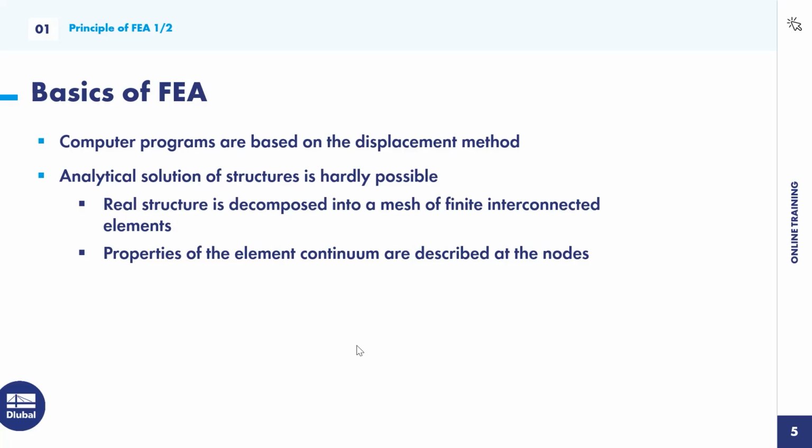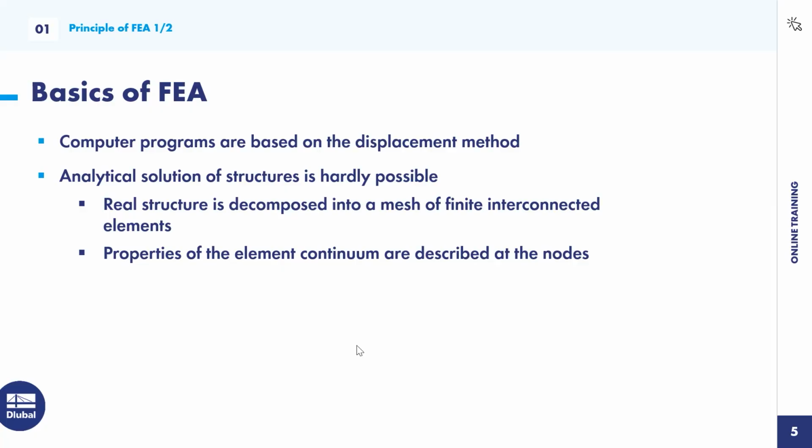That would be one example. The properties, so these exact solutions of these finite elements, will be calculated for the edges or for the corner points of these finite elements.